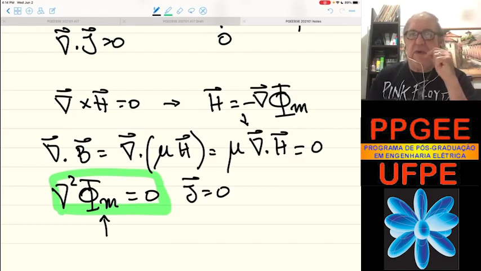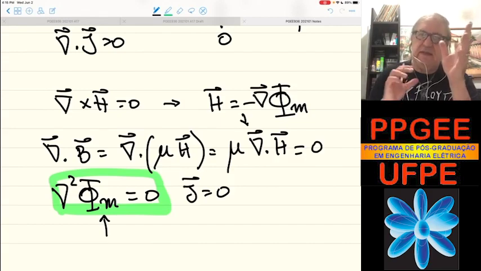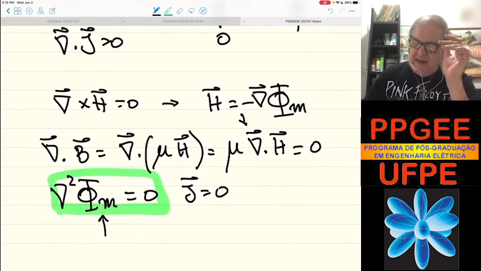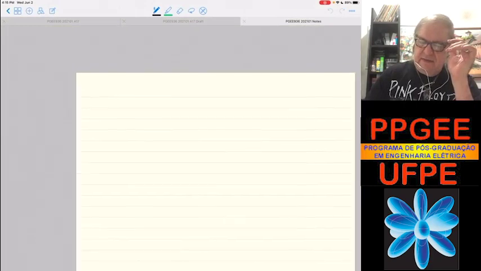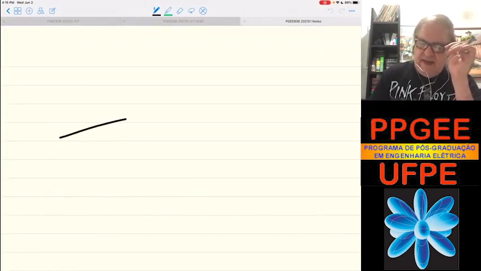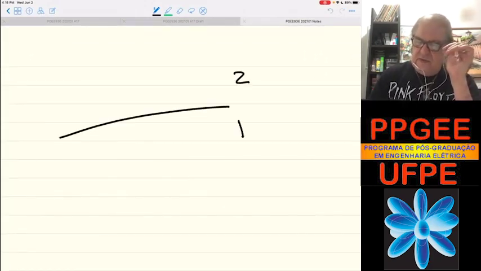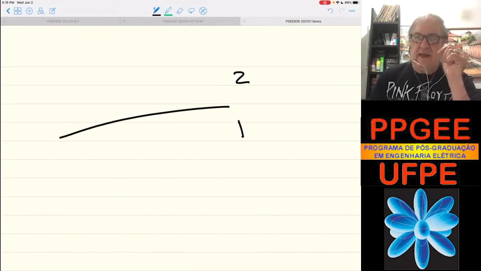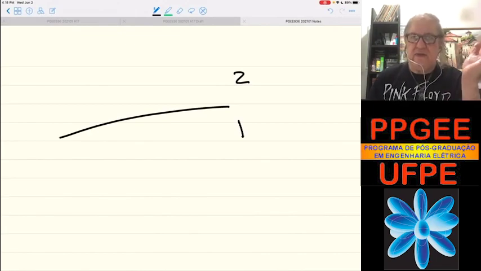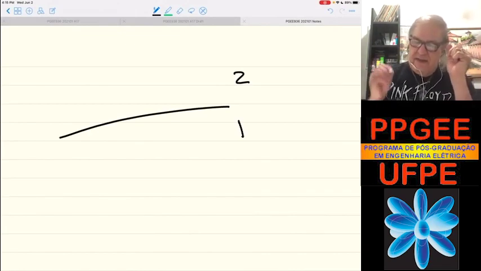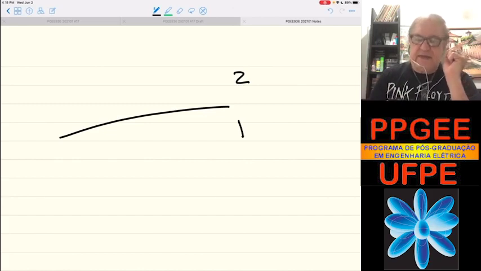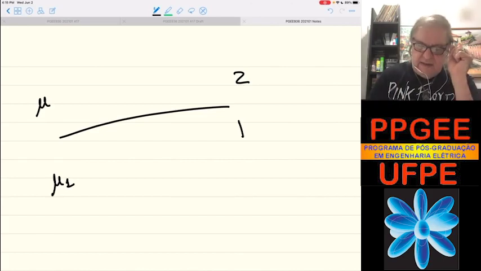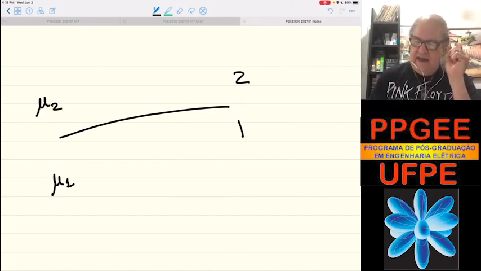We have now only to be worried about boundary conditions because we might have different linear media involved, right? So we might have medium 1 and 2. Boundary conditions are easy to derive. The first property is that the potential is always a continuous function at the boundary.